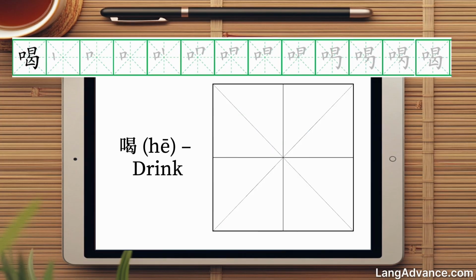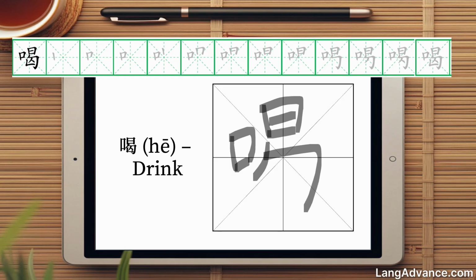Drinking is much more difficult than 吃. Let's see how you write that. We have 3 parts. We have the vertical, we have the top part, and we have the bottom part, right?